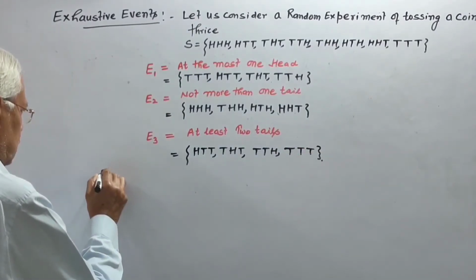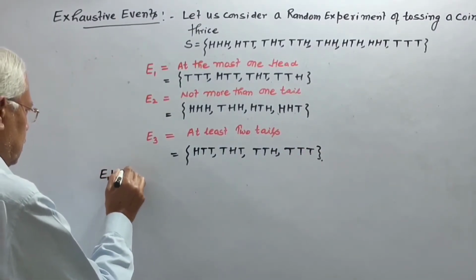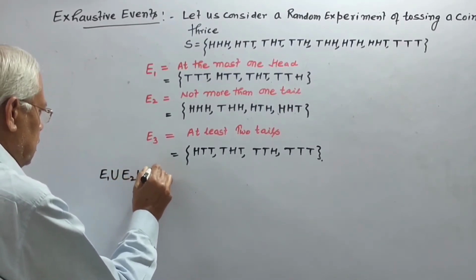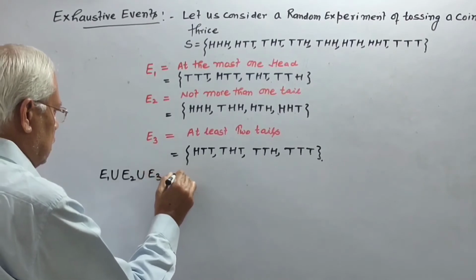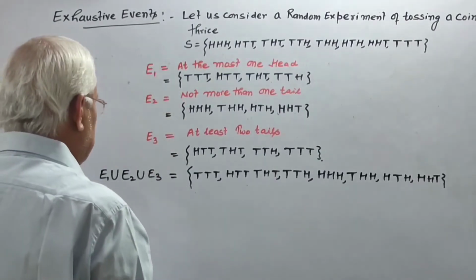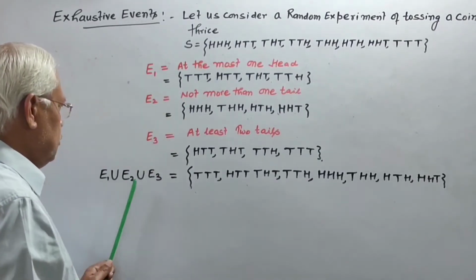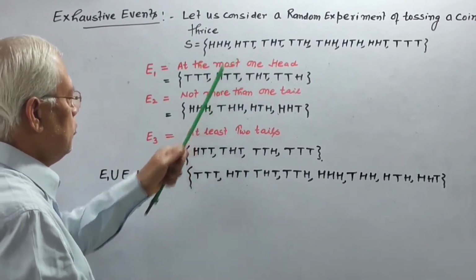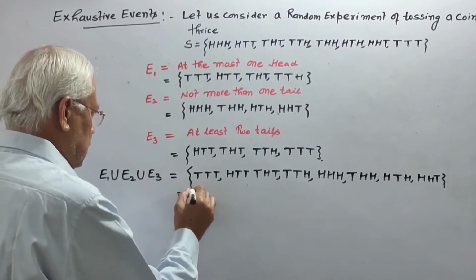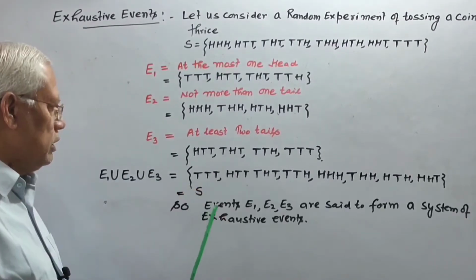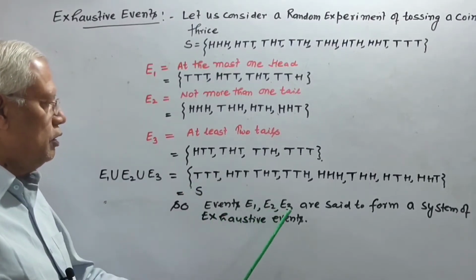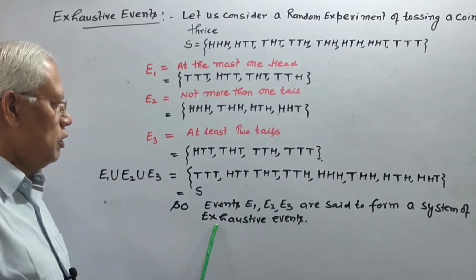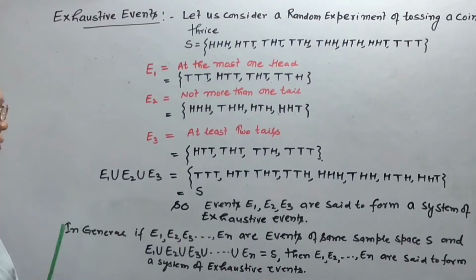Now, E1 union E2 union E3. These are the elements of E1 union E2 union E3. You can verify this is equal to sample space S. So we can say events E1, E2, E3 are said to form a system of exhaustive events.